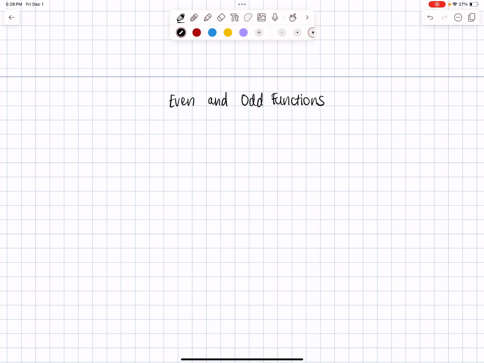Hey guys, in this video we're going to be talking about even and odd functions. So even functions, when we look at them visually, they have line symmetry with the y-axis.